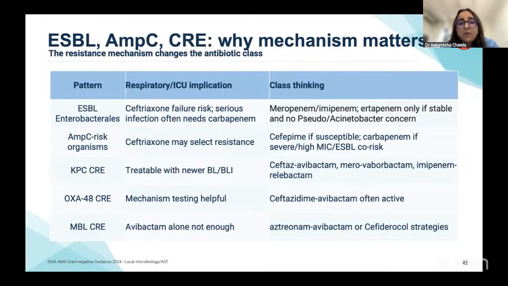We often use polymyxin B a lot, even in this class of patients who are showing these sort of resistance patterns. But these days, it is advised and recommended that you should use polymyxin sparing therapies so as to prevent more and more occurrence of resistance.